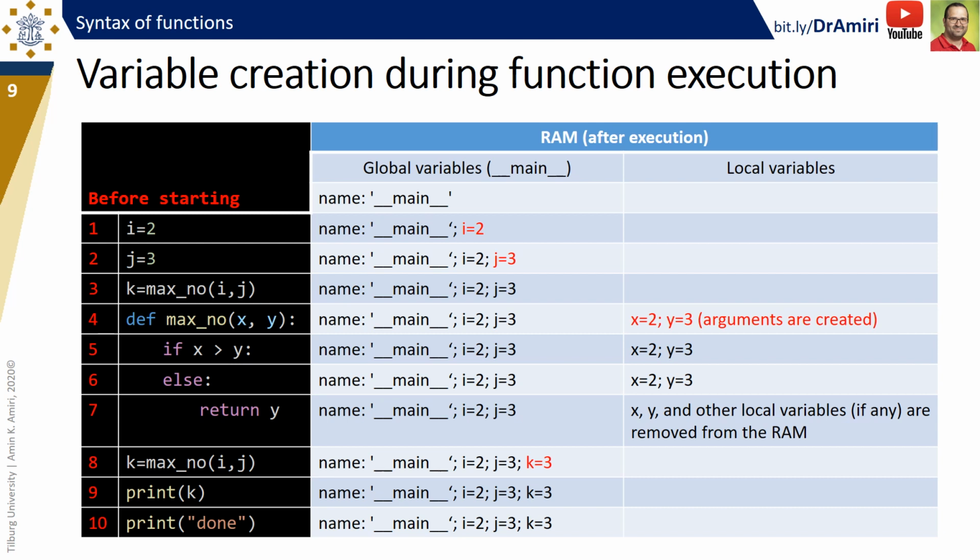So we now know that the result of the function is 3. So k, a new variable, is created and added to the RAM, and 3 is stored in this variable. So after that, prints are being done, which have no effect on the RAM.